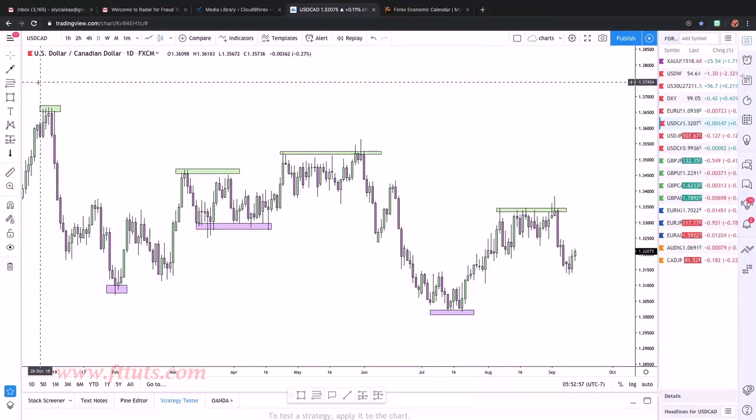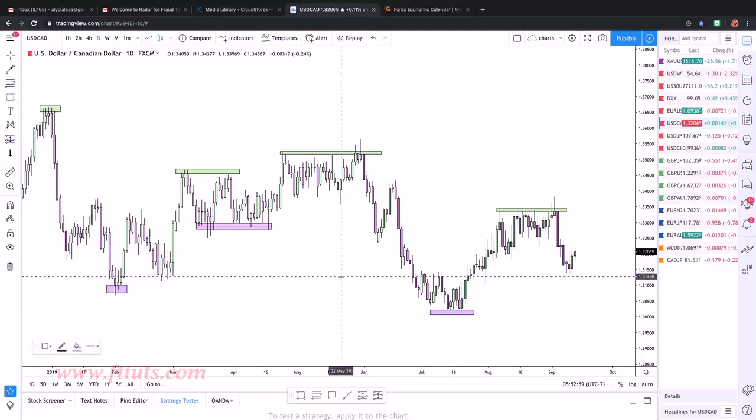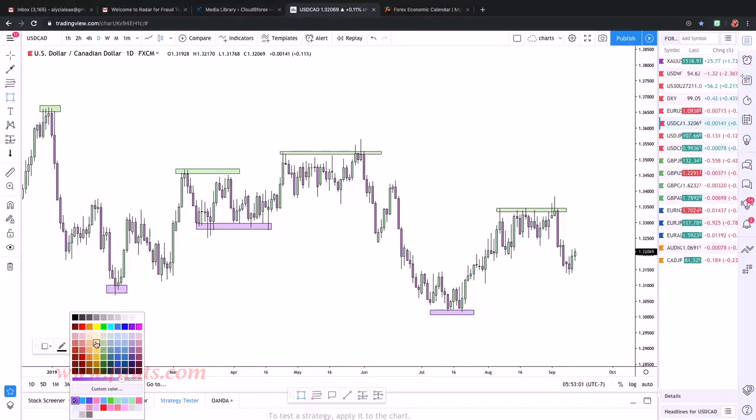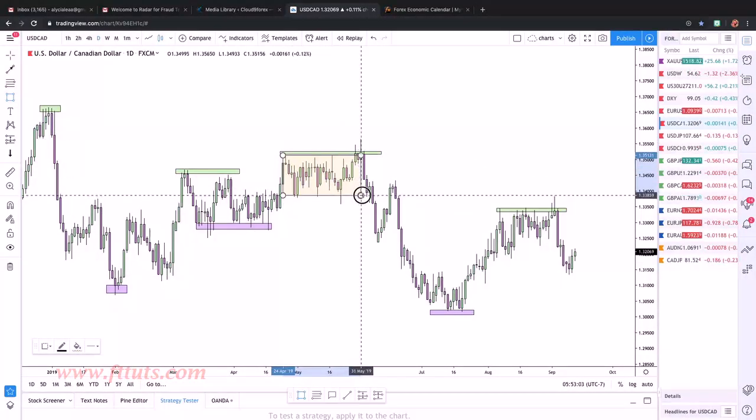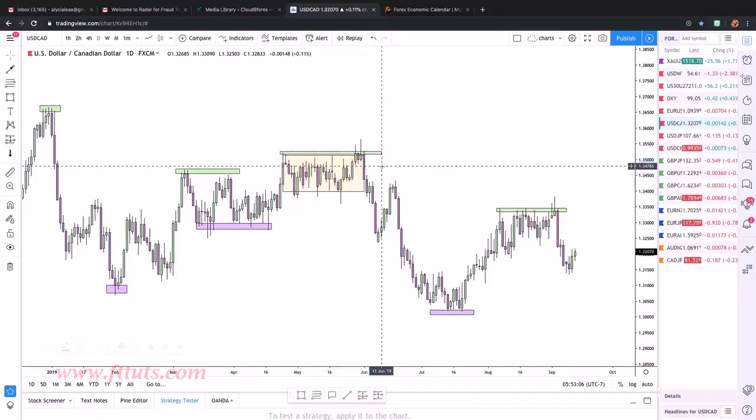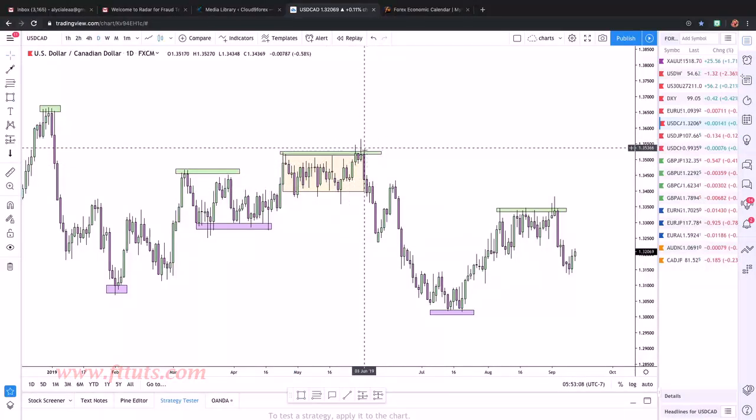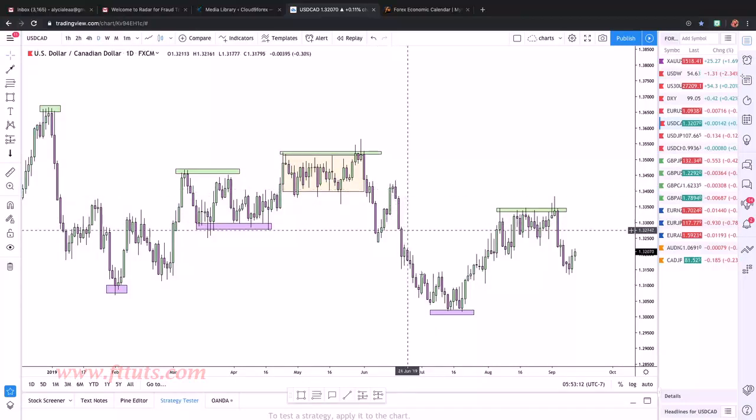Okay, so then we have a range like we went over as well. Right here, price tried to break out and then wicked, came down with bearish candle, and then continued down.